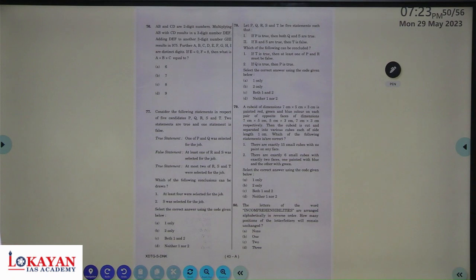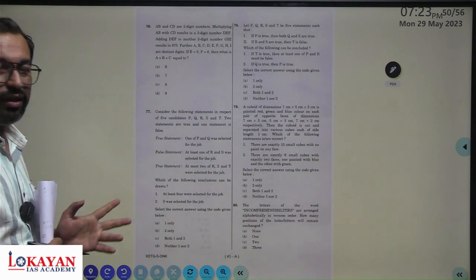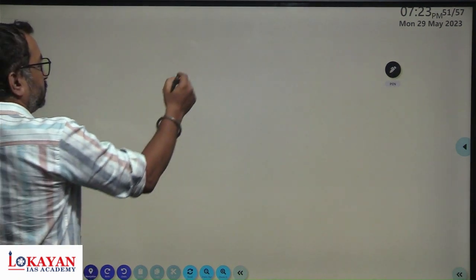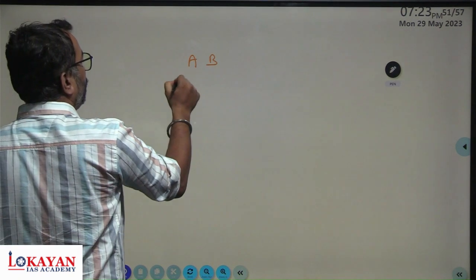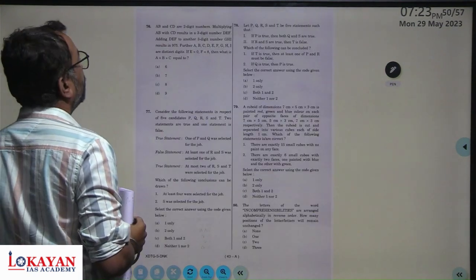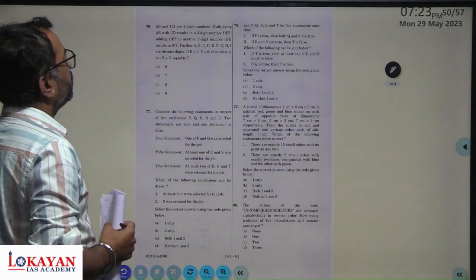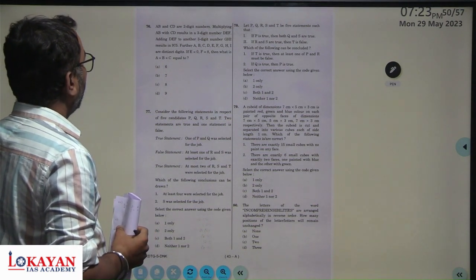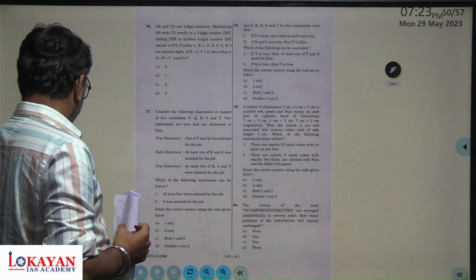A little complex example. It needs again some iterations, right? Let's see what they have said. AB into CD gives me DEF, right?